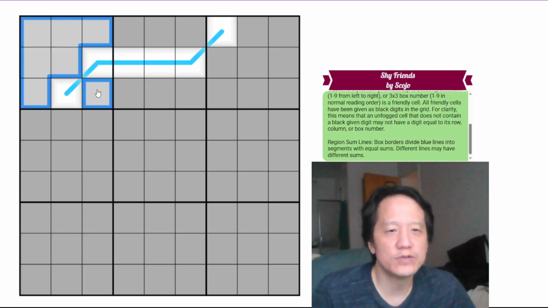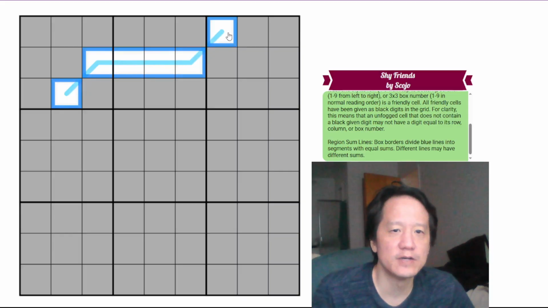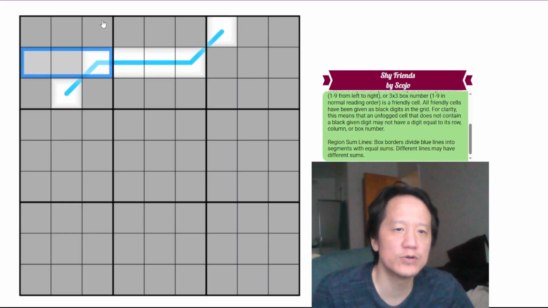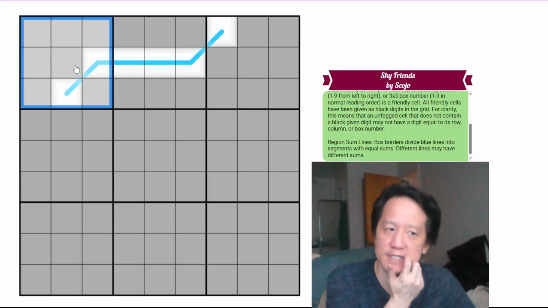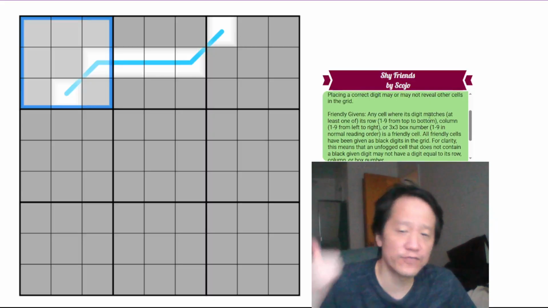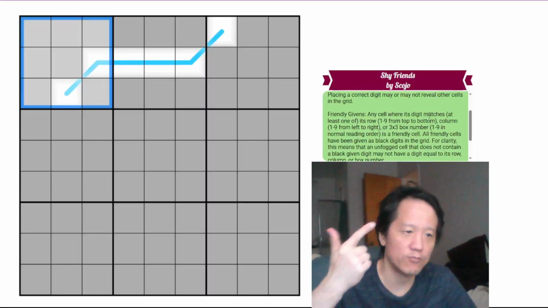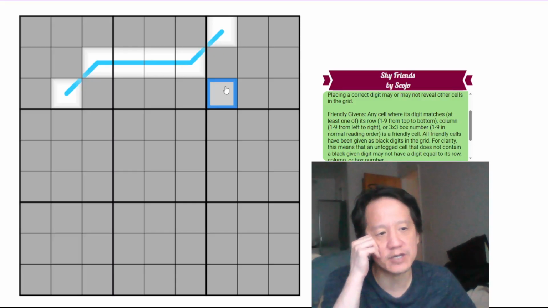So if it's blank and it's not fogged up, we know it cannot match its row number, its column number, or its box number as a digit in that cell. So that's an example of how friendly cells work and what a given is, right? A given cell is one that's just given to us in the beginning of the puzzle.